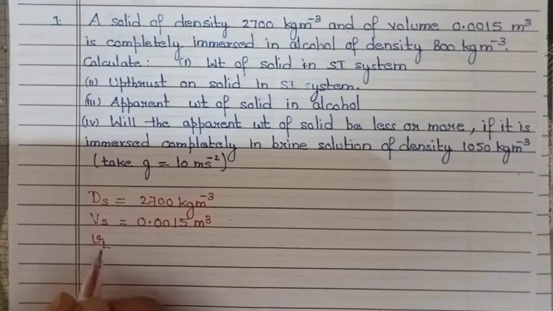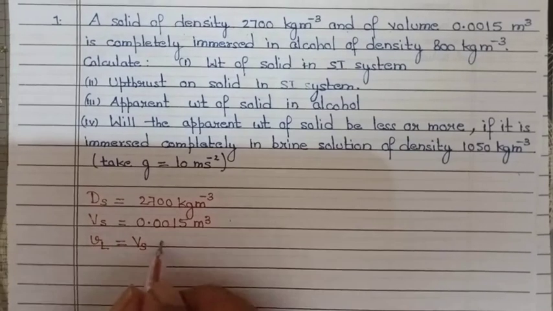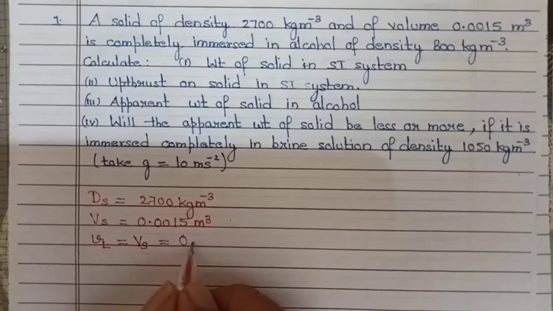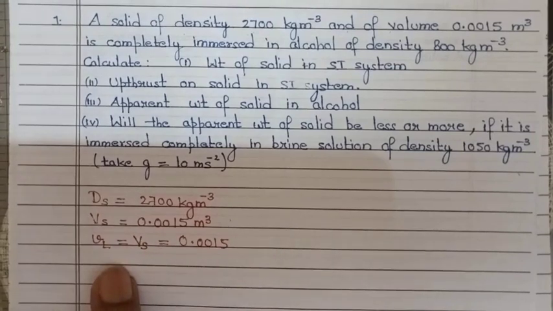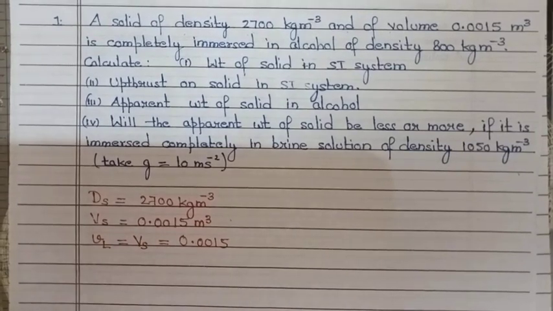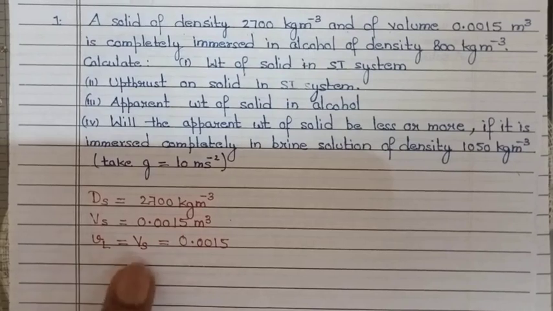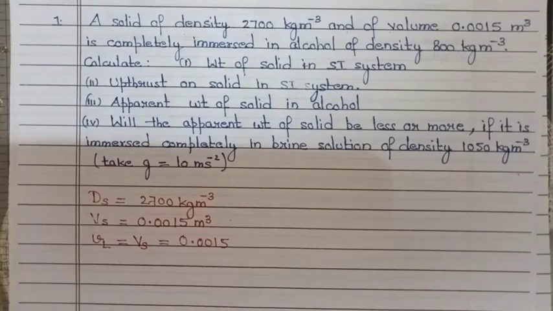Now this volume of liquid displaced will be equal to volume of solid. Now remember this condition, that whenever the question says body is completely immersed, then you will take volume of the liquid displaced is equal to volume of the solid.